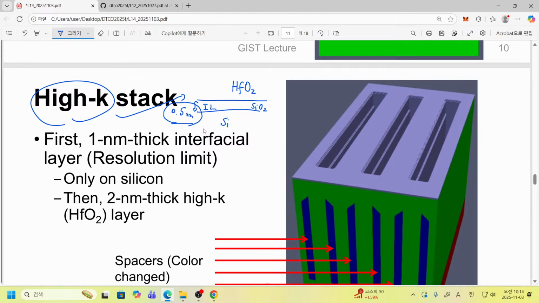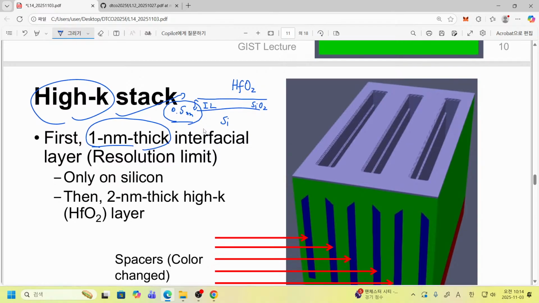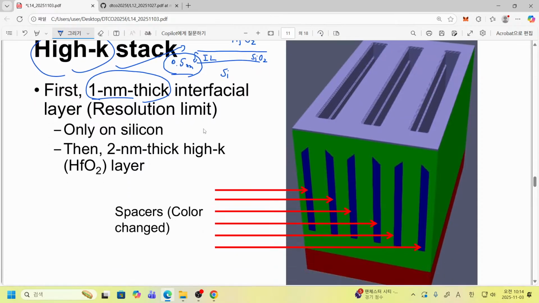Unfortunately, in the current implementation of our code, Ångström-Craft, 0.5 nanometer cannot be resolved at all. So we just assume a minimum length of 1 nanometer. First of all, make a 1 nanometer thick interfacial layer. But that is just oxidation, not depositing silicon dioxide.